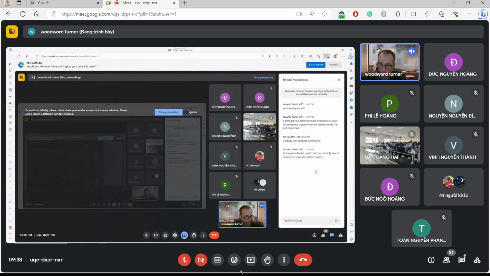So you can download Python onto your computer, and then you can download an editor called VS Code, and that's what I'm using to do these lessons.